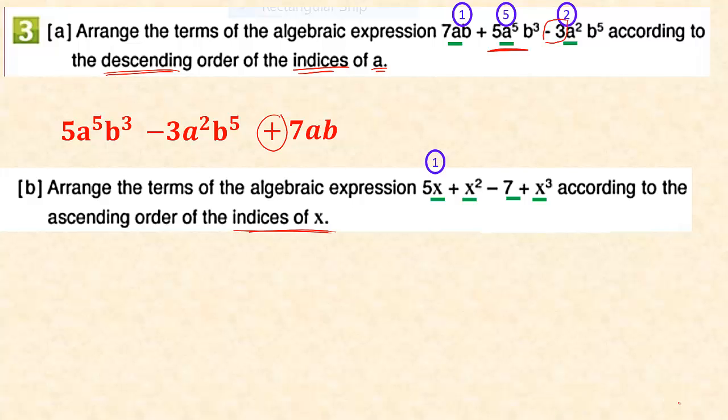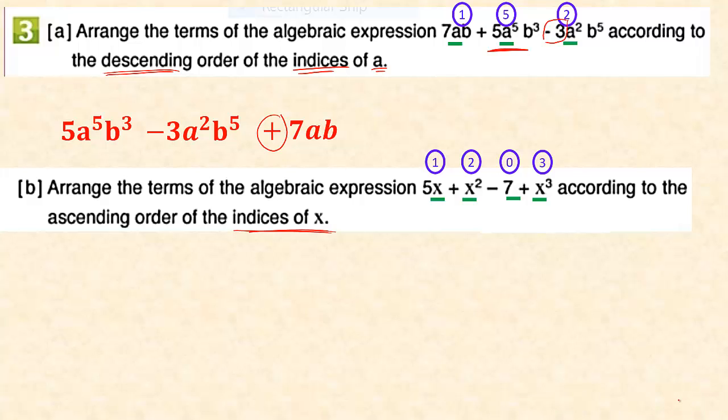The second term x squared has the indices of 2. The third term 7 here has no x beside it. And I know that when I have an absolute term, there is an algebraic factor here, but it has the power of 0. And x to the power of 3, of course the indices here for x is 3.